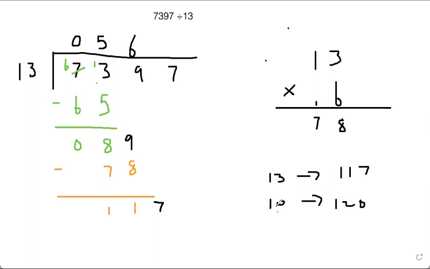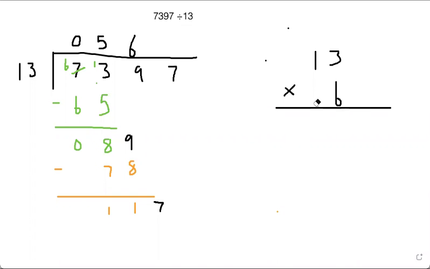We knew that last time when we tried estimating, we went a bit too high. How many 10s would fit into 120? Well, we know that 12 10s would fit into 120. So we can start off by doing 13 times 12, or what we can do is go slightly less than that because we know that 13 times 10 is 130, which is bigger than 117. So we could try 13 times 9.